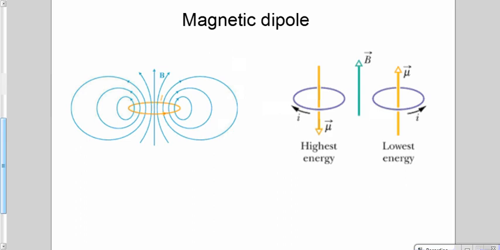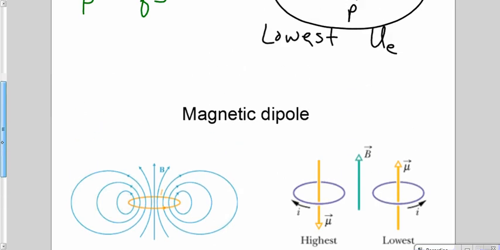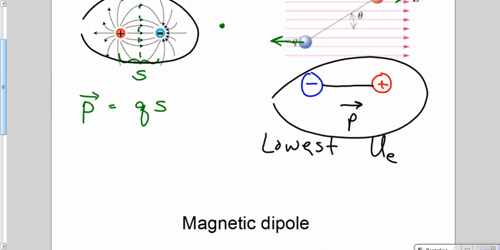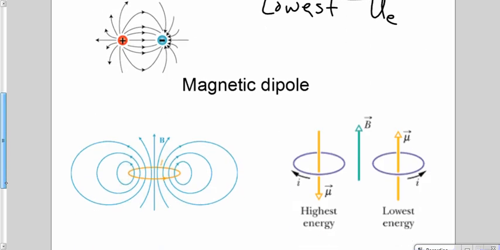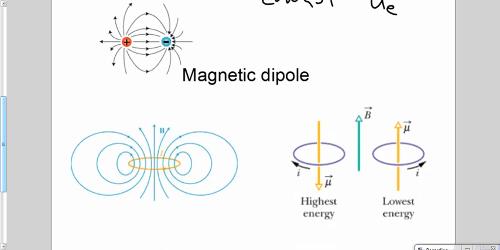If you kind of compare those two, see if I can get them in the same picture. Now they're not identical, of course, because electric fields start and end on charges, but magnetic fields have to go in complete loops. But there is a little bit of similarity between the two.